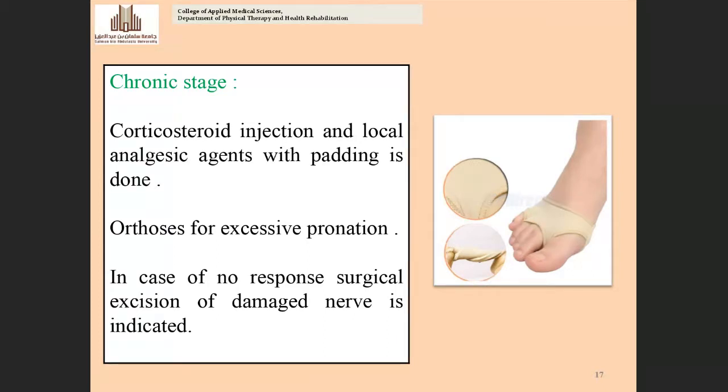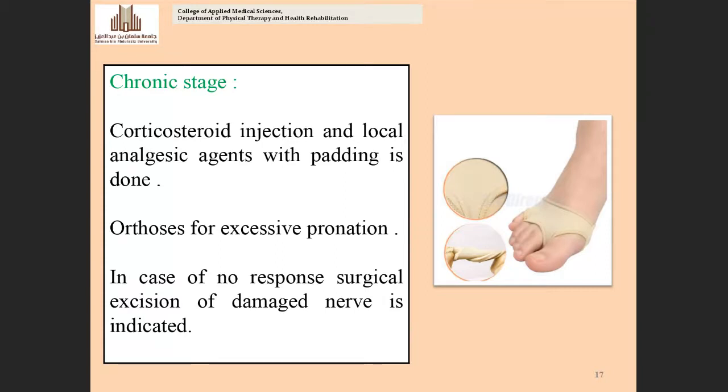So you can use the orthosis, orthosis for excessive pronation. In case of no response, surgical excision of damaged nerve is indicated. So what does it mean? In the initial stages, you can go for conservative treatment, like rest, ice, padding, orthosis, or you can go for medical treatment like corticosteroid injections or oral analgesics.